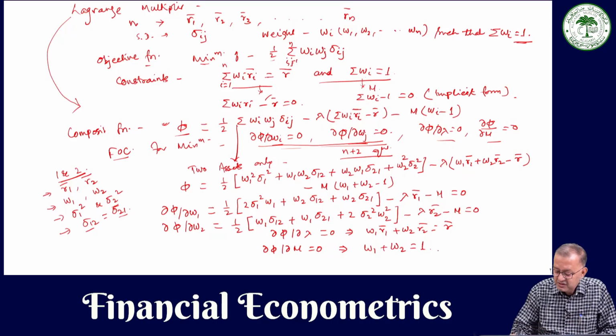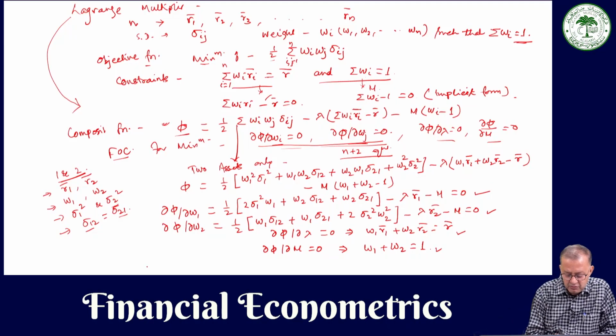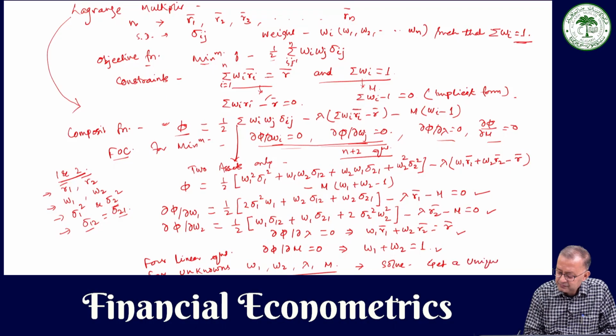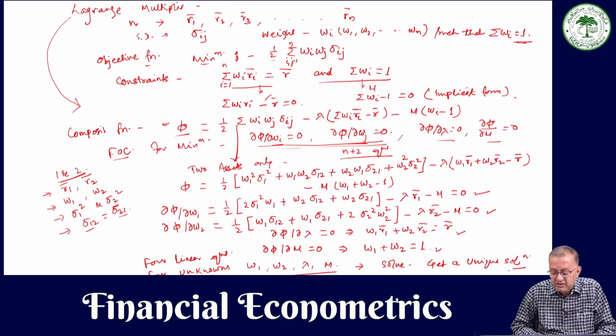So we have four equations, 1, 2, 3 and 4: four linear equations, four unknowns, W1, W2, lambda and mu. So we can solve it easily and get a unique solution.